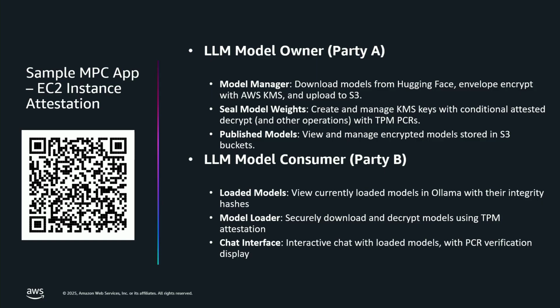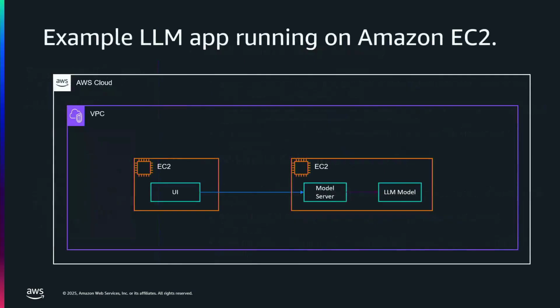So here's one way to solve it. Let's look at a very simple setup. Here's how you would deploy. I'm not saying this is the only way to consume LLM models on AWS. There are other services. But for the purpose of this conversation, since we're talking about cryptographic attestation and Amazon EC2 instances, here is one way to host an LLM model served using a model server, and then I have a UI or a front end that's consuming that LLM API.